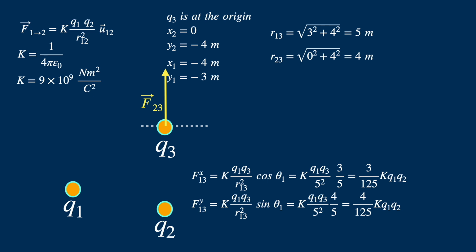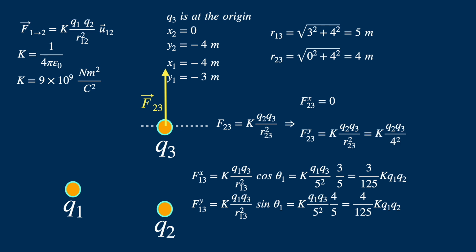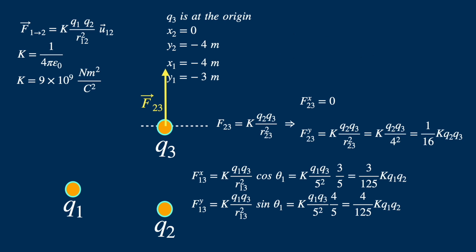Now let's go and calculate the force that 2 exerts on 3, which is vertical, so it will have no x component, only y component. And here we don't need to project because we already know it's going vertically upwards. The distance is 4 meters, so the denominator is going to be 16, which is 4 squared. And now we just group.